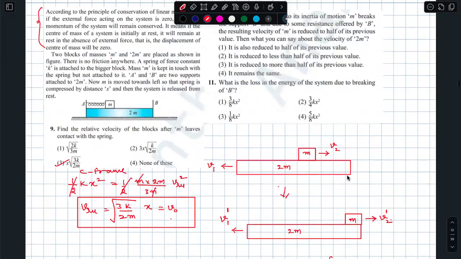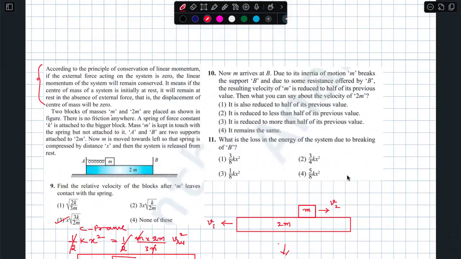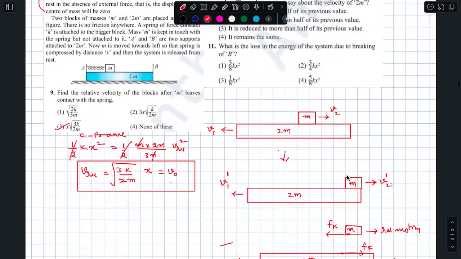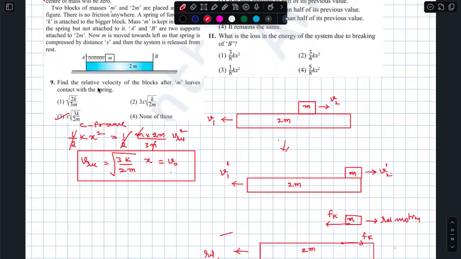So it will also reduce to half of its previous value. How do I know? Friction is not there here.